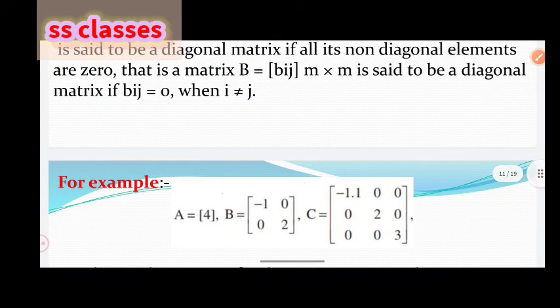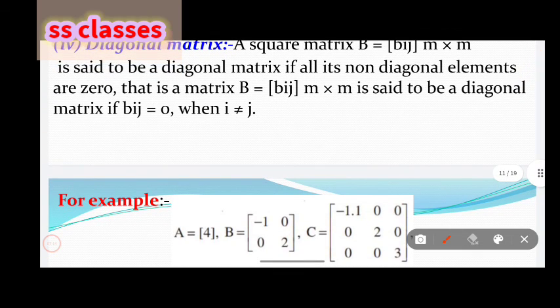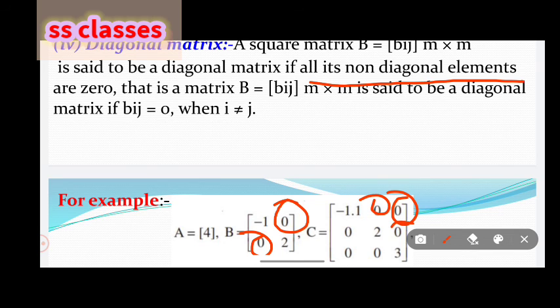This is an example of the diagonal matrix. Focus on this line: a square matrix Vij, m into m is said to be a diagonal matrix if all non-diagonal elements are 0.